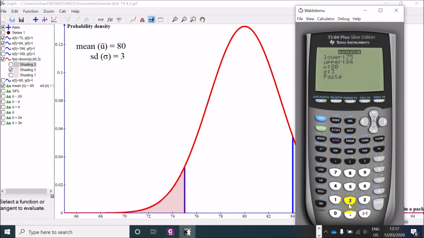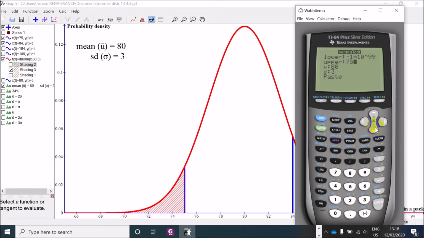So usually I will say, let's take minus 1 times 10 to the power 99. That is a very, very, very small number. And my upper bound is 75.